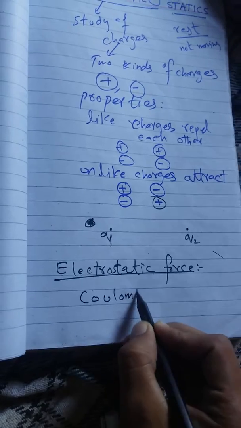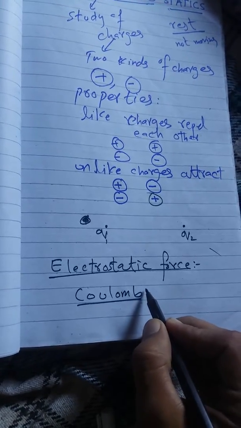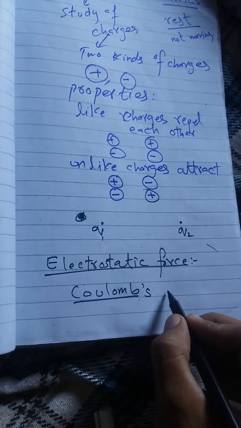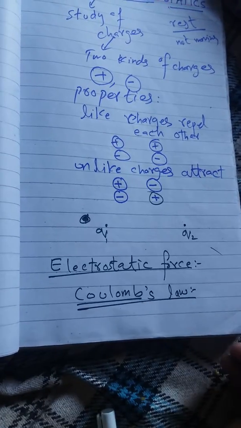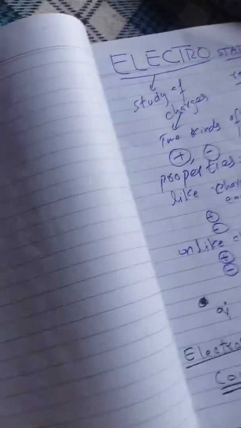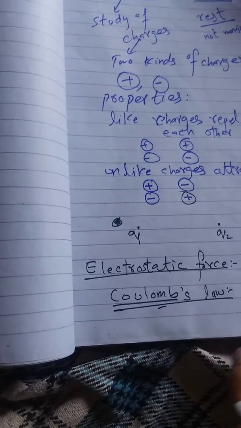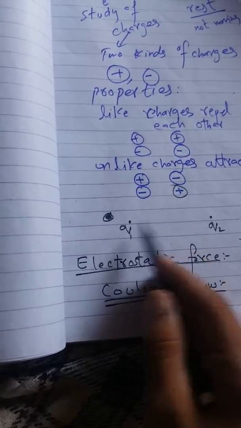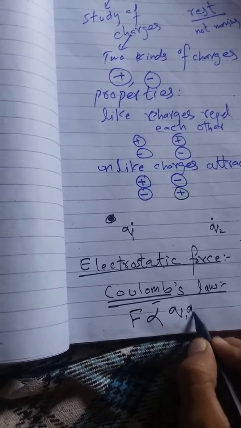Charles Coulomb, a military scientist, discovered the magnitude of this force. It is called Coulomb's law. What did Coulomb say about this force? Coulomb said that the electrostatic force between two charges is directly proportional to the product of the magnitude of charges.